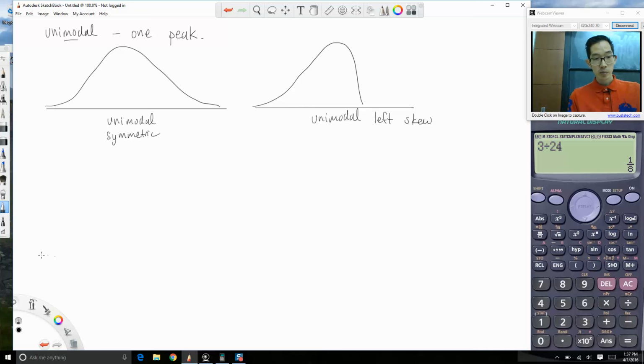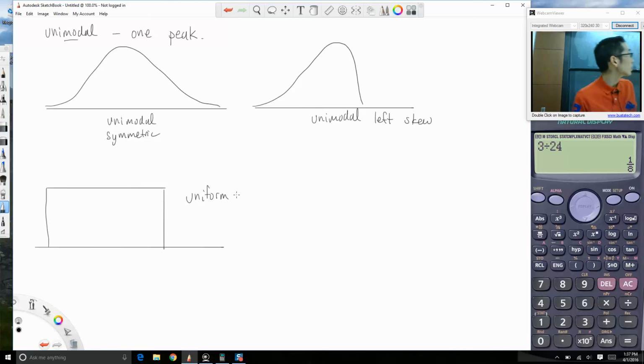Okay. We also have distributions that look like this. This would be a uniform distribution, meaning that there's no peak, everything has about the same frequency, okay? So all values show up with the same frequency.